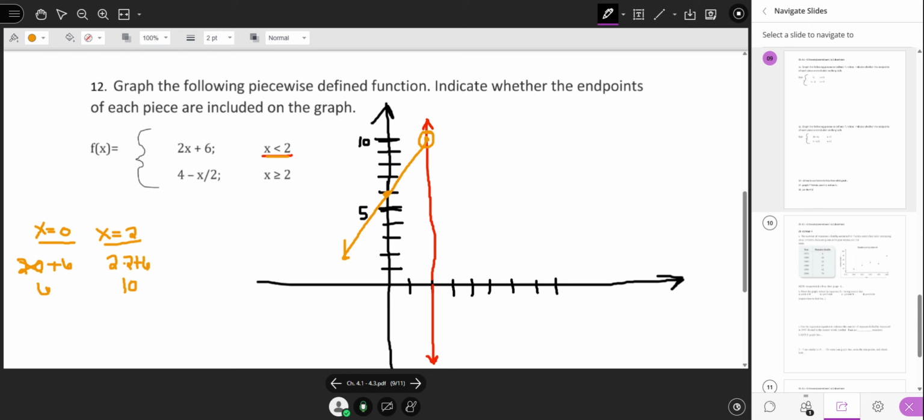Now, for the next one, I need to start at 2. And probably, let's go with 6. I'm just pulling a random number. Okay? So 4 minus 2 divided by 2, and all I'm doing is using this equation right here.